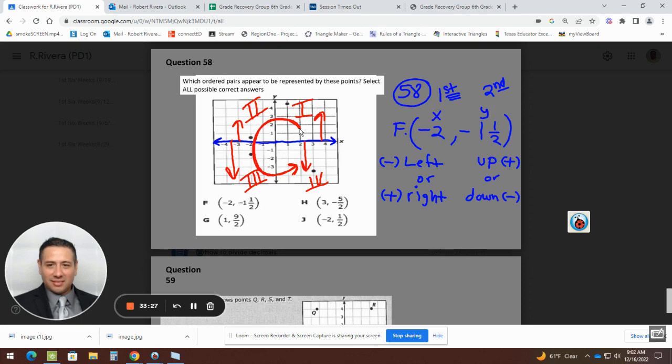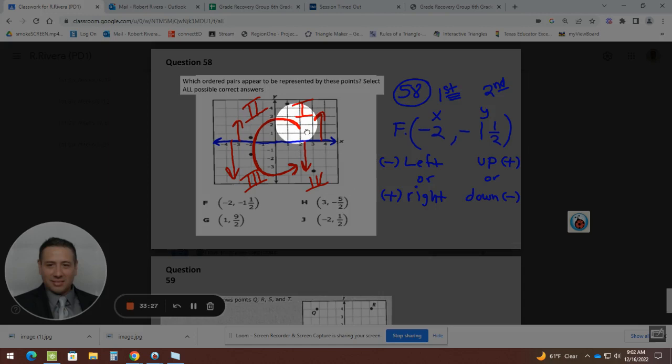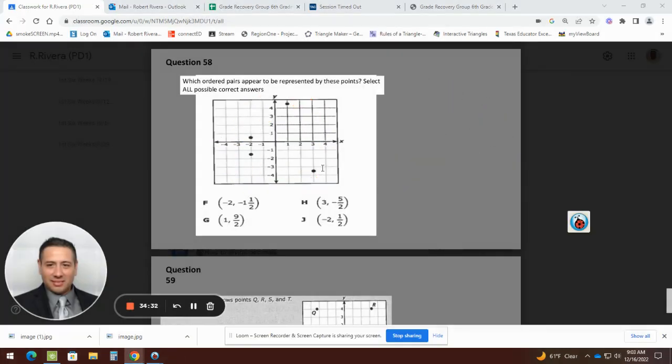So 1, 2, 3. Let me do it with a flashlight so you can see it better. So we start the letter C like this, right? 1, 2, 3, 4. Questions? Okay? You will have a question like this on the final, only one of them. Okay?